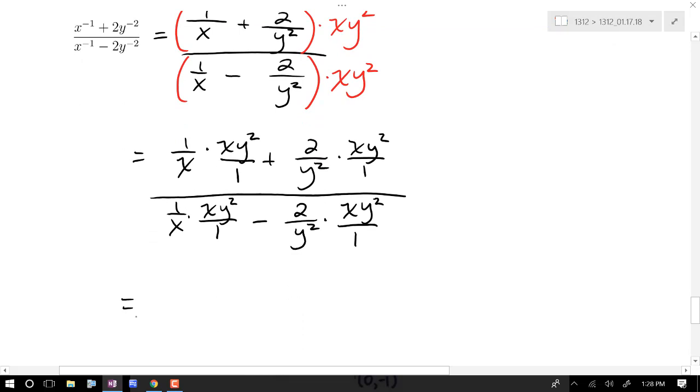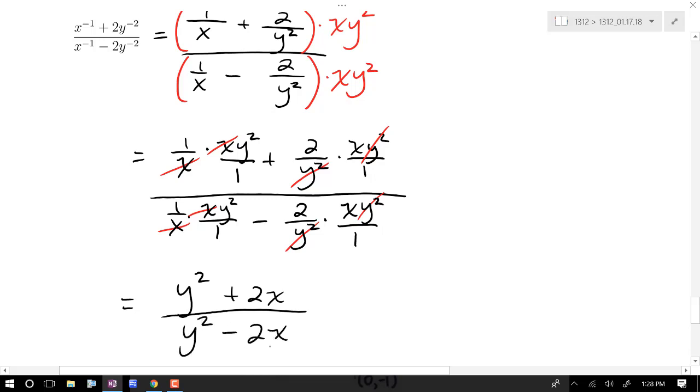And then we just simplify each of those fraction products. So let's cancel stuff that will cancel. These x's are gone, and then these y squareds are gone. Similarly on the bottom, those x's cancel, and then in the other fraction, the y squareds cancel. And what we're left with on top is y squared plus 2x over y squared minus 2x.